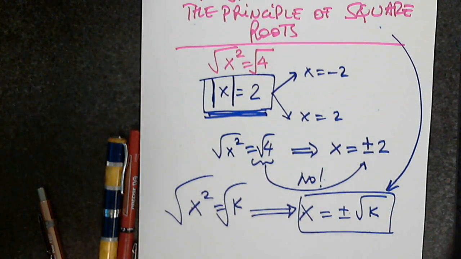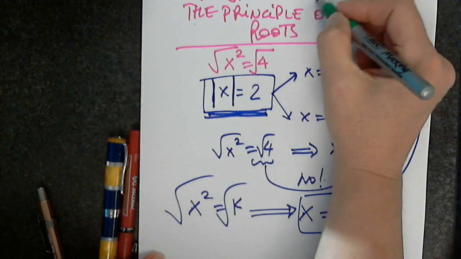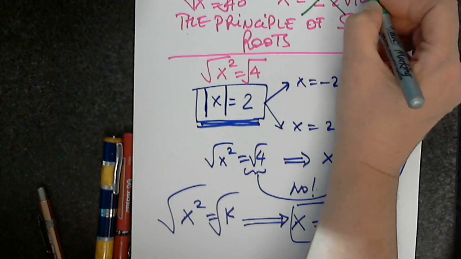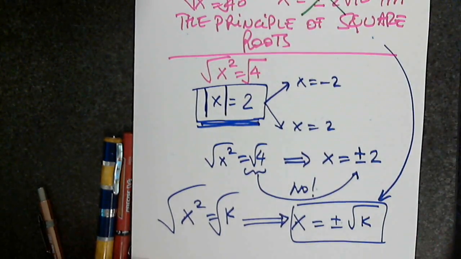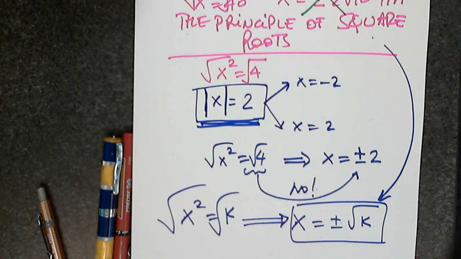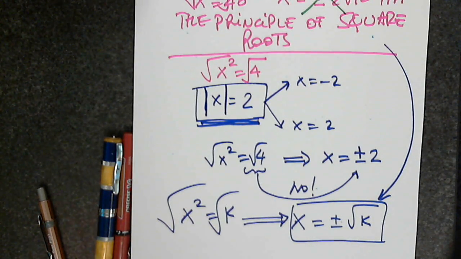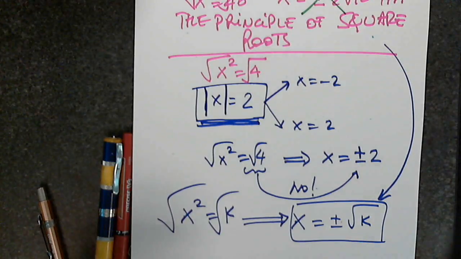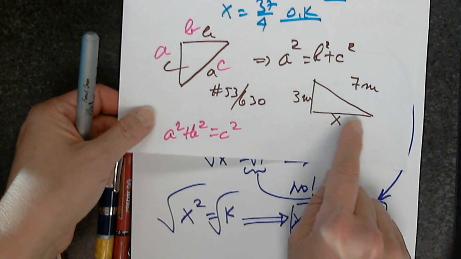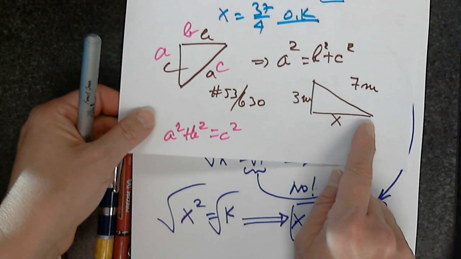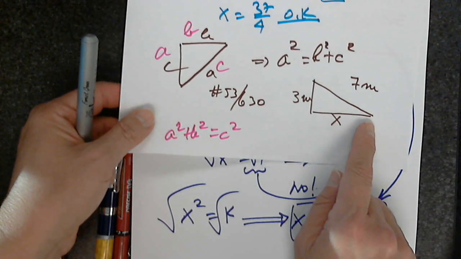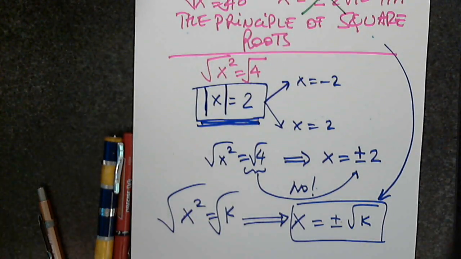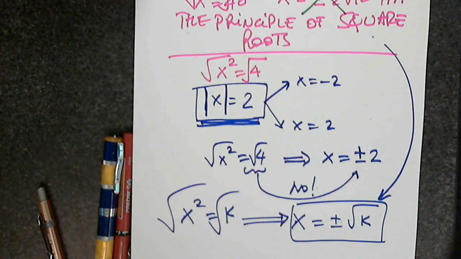Of course, it's a distance, right? So I will say just x equals the square root of 10 meters. It cannot be negative. I cannot say to you that the distance between me and you is negative 10 feet. I have to say it's 10 feet.